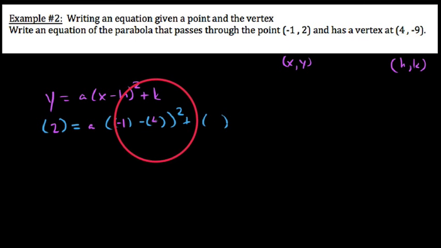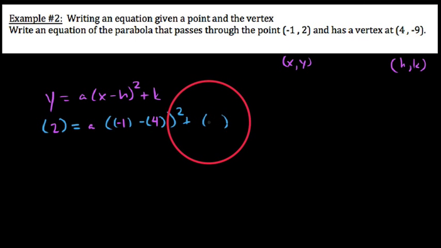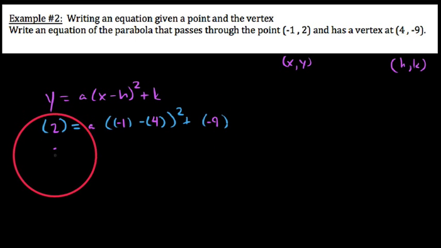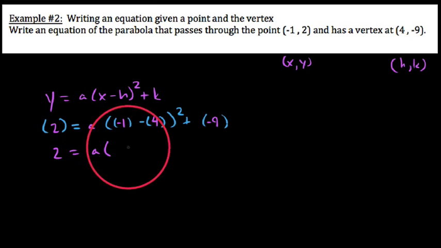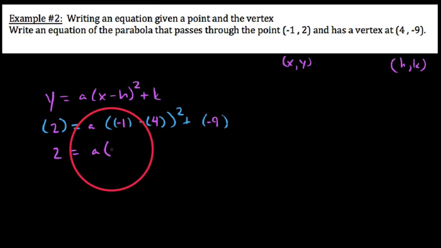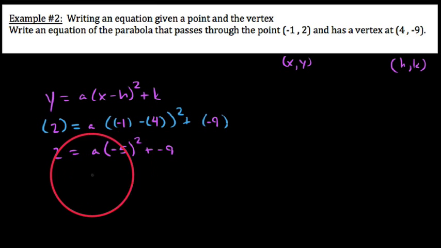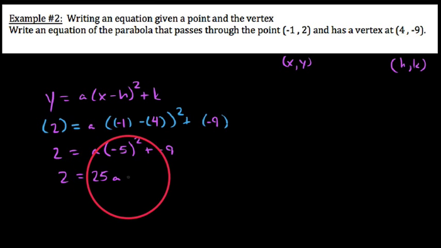So we'll put in a 4 for our h, and a negative 9 for our k. So again, let's simplify this. We end up with 2 equals a times the quantity negative 1 take away 4, this is going to be a negative 5 squared, plus negative 9. So let's square our negative 5 here, which will make it a positive 25. So we get 25a. I'm just going to write minus 9.